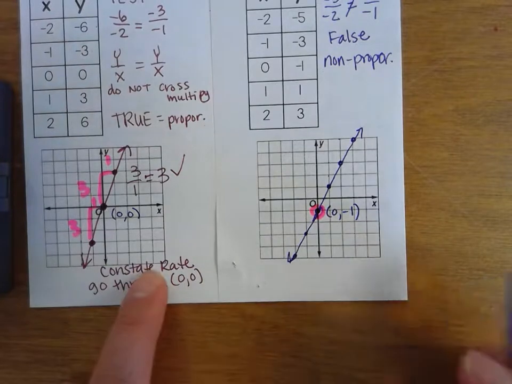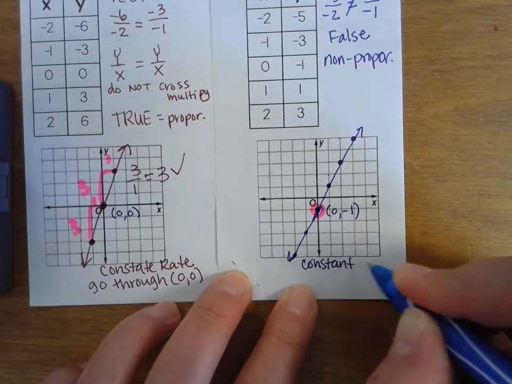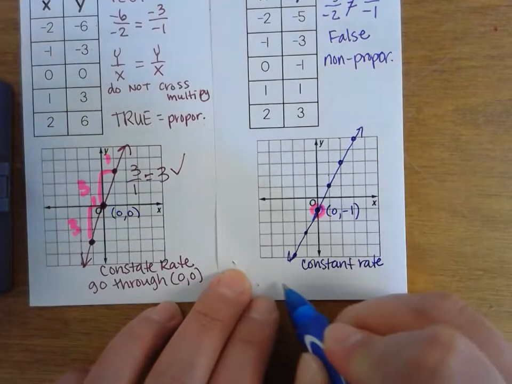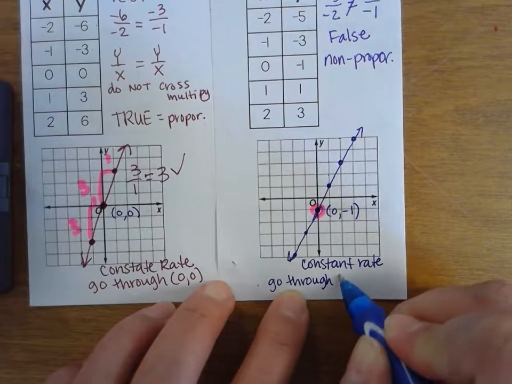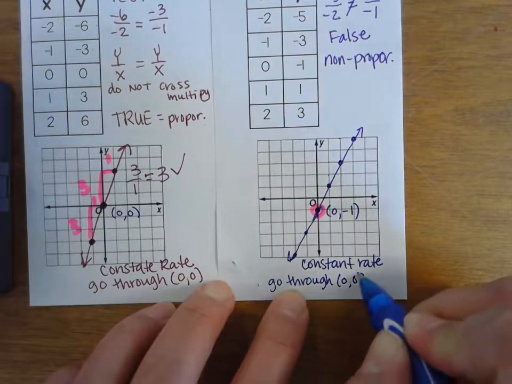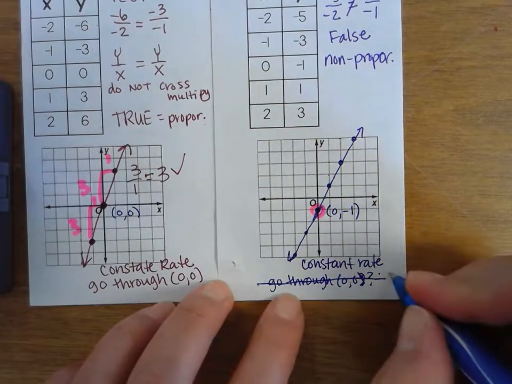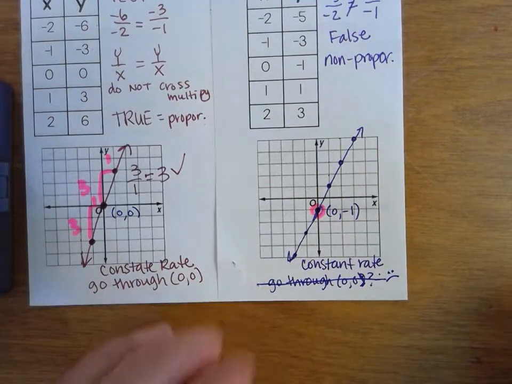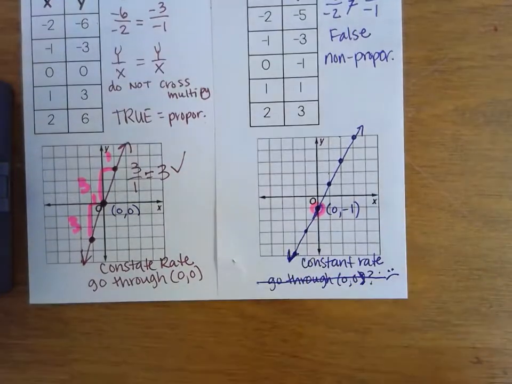We have a constant rate, but it doesn't go through 0, 0. We're going to draw a line through that and put a sad face because it's not proportional. Okay? And again, if we need to back up a little bit, you can ask Mr. Glover if he'll go back and catch up with some notes or hit pause or something.